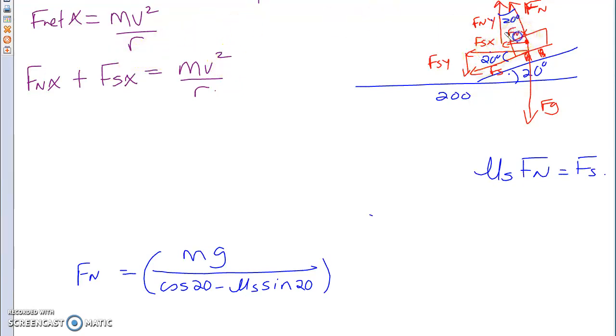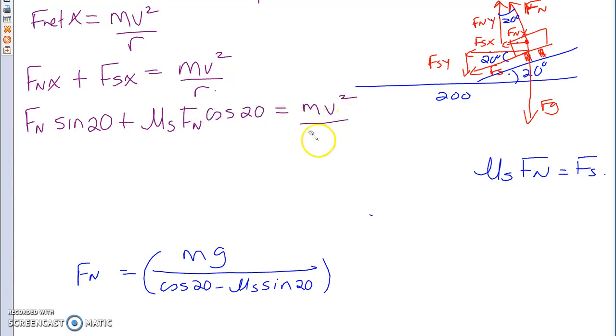Does that make sense? Fnx and Fsx. Okay, what is Fnx? Well, Fnx is Fn sine of 20 plus, what is Fs? Fs is mu s times Fn cos of 20, which equals mv squared over r.